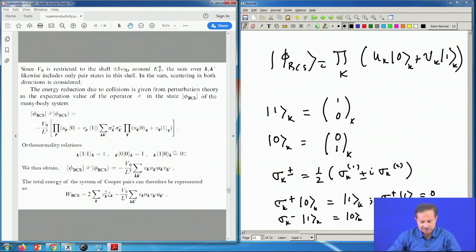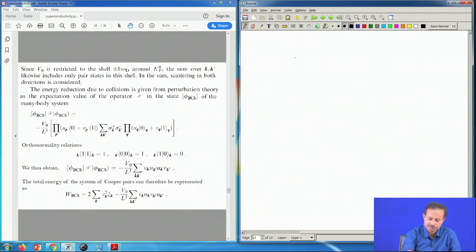Now, one interesting thing about the BCS wave function that I would like you to notice is in this wave function, u k 0 plus v k 1 k, product over k.